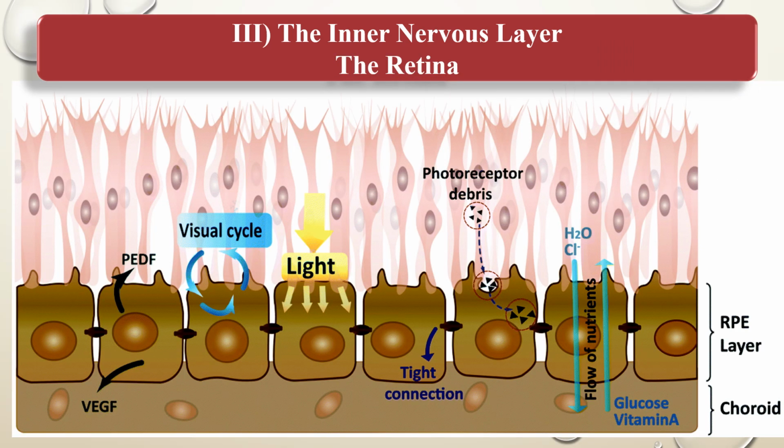This diagram shows the functions of the retinal pigmented epithelium and how it is adapted to its function. The light enters the eye and is first received by the first layer of the retinal pigmented epithelium, and then goes to the other layers.